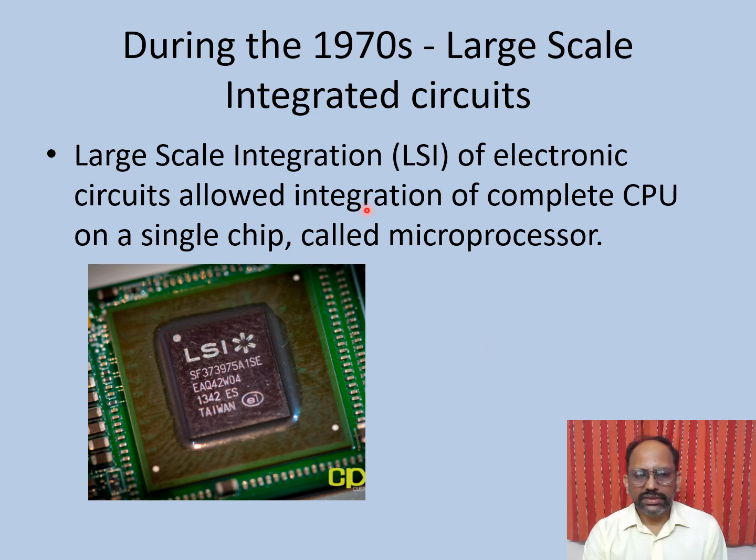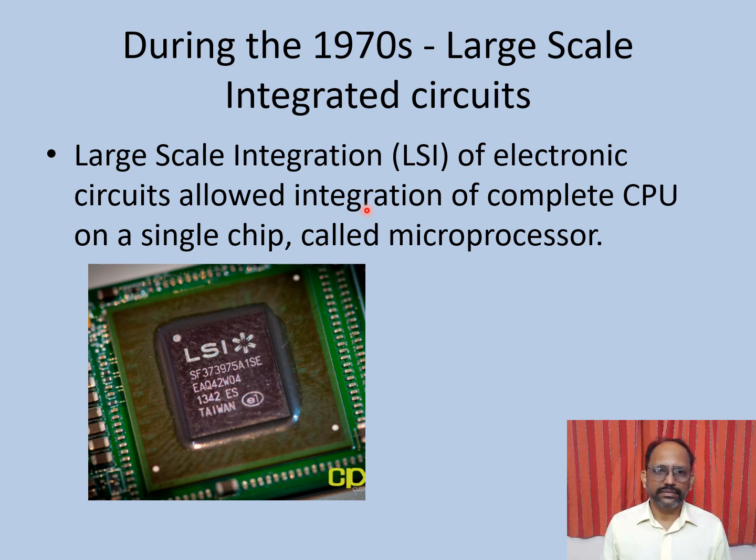Then onwards, as and when technological advancement took place, more and more new technology and electronic components were introduced. The ICs were improved with large scale integrated circuits. In short, we call it LSI.